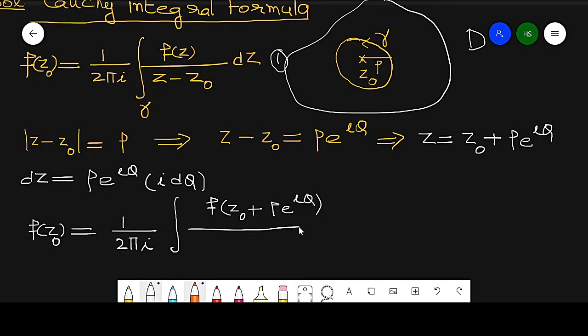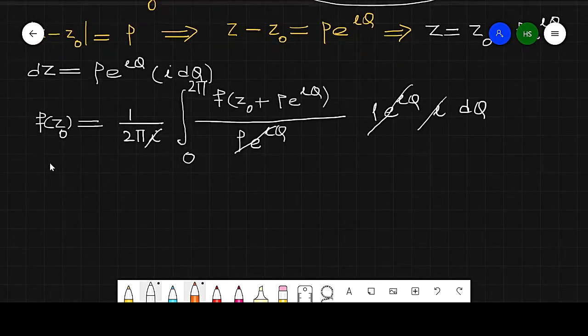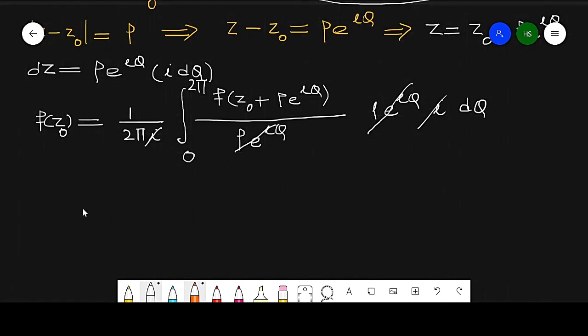And z minus z naught is rho e raised to power iota theta, and dz is rho e raised to power iota theta into iota into d theta. So this term cancels with this term, this iota is cancelled with this iota, and the limit will be 0 to 2 pi.